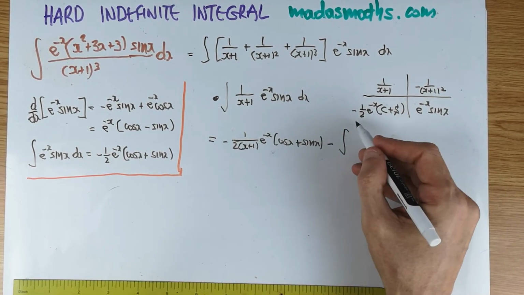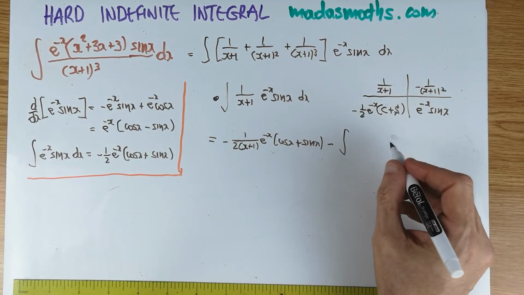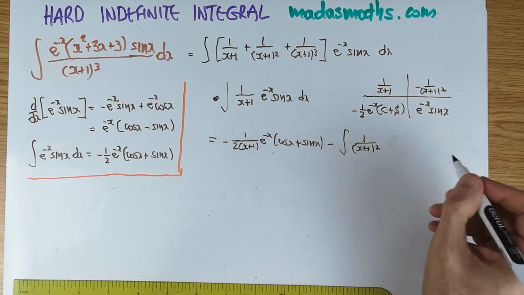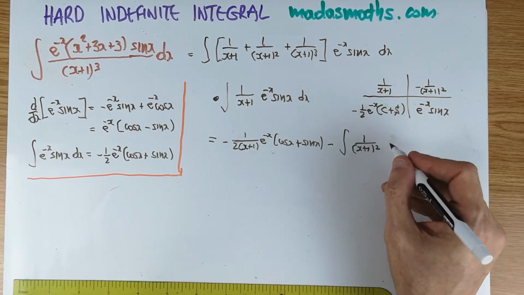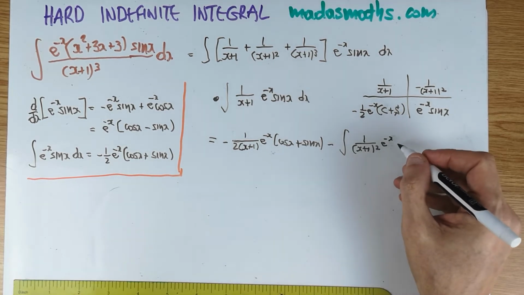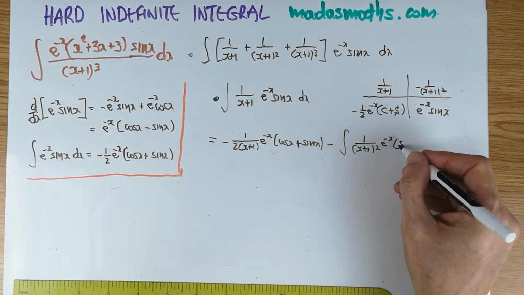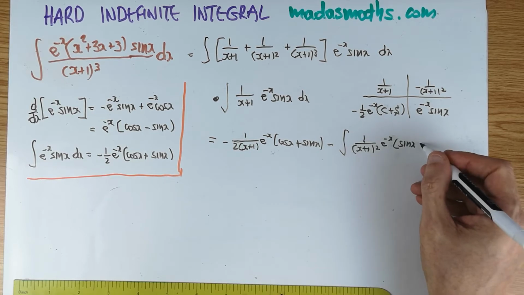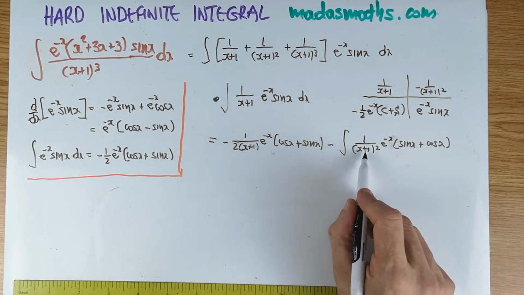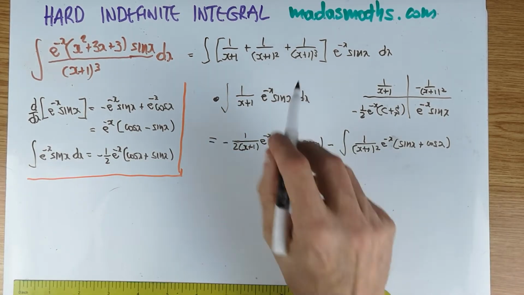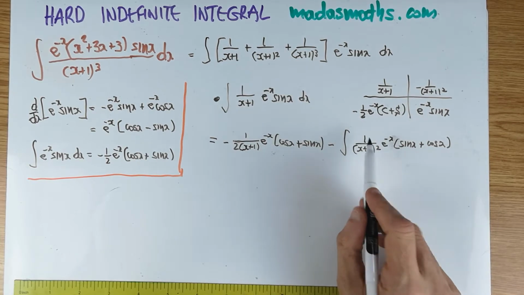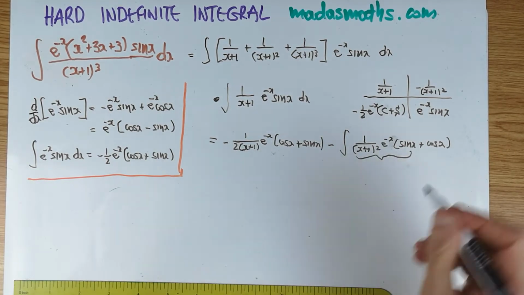Minus the integral of this: this diagonal is going to go plus, and this diagonal will go to 1 over x plus 1 all squared, add the exponential, and we've got more mess, sine x plus cos x. And you should notice that bit here. If you look, the 1 over x squared e to the minus x sine x appears in just this bit here, dx.